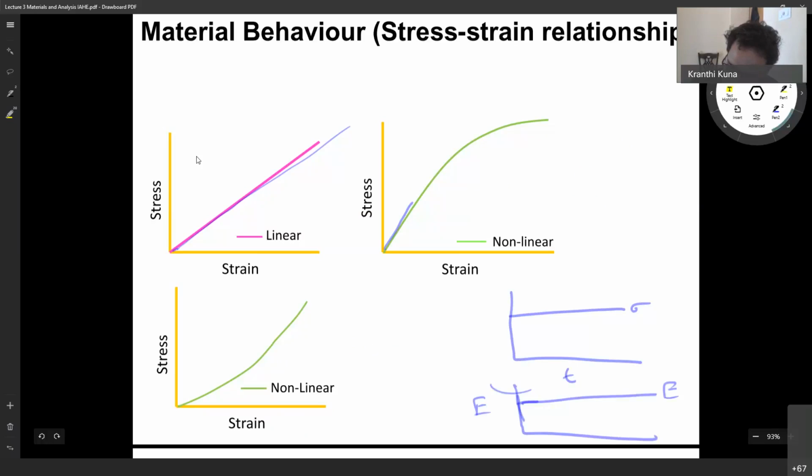But if your modulus is changing, either increasing or decreasing, this is non-linear. One is stress hardening, another is stress softening.